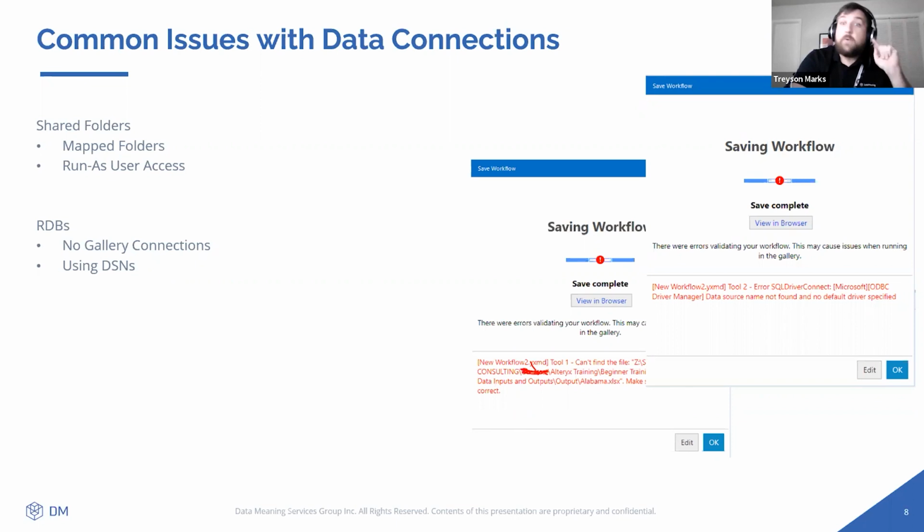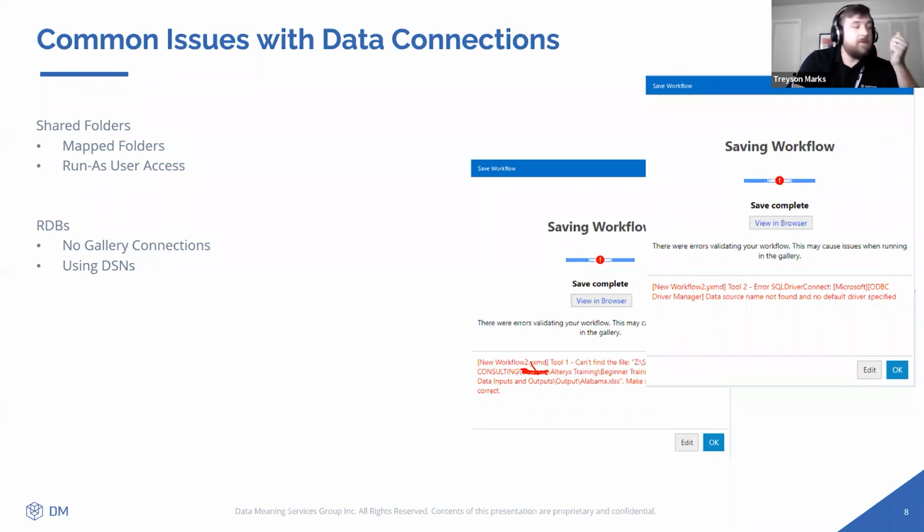Another similar thing we see is, a common example, I have CSVs that drop into some shared folder every day, and I need to make sure that I'm picking them up, right? As long as everything's set up correctly, Alteryx should have no problem with it.